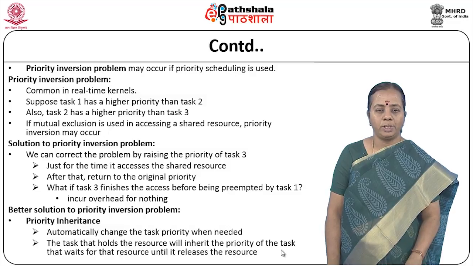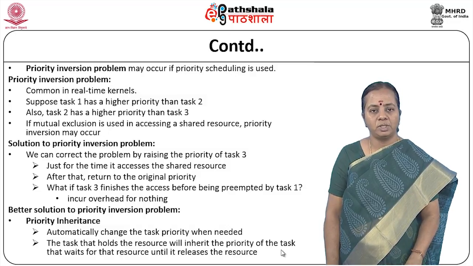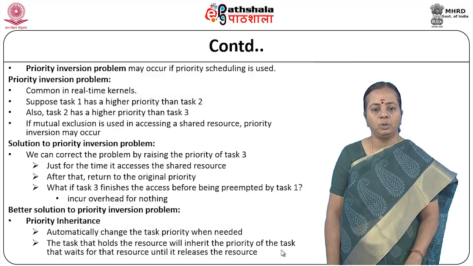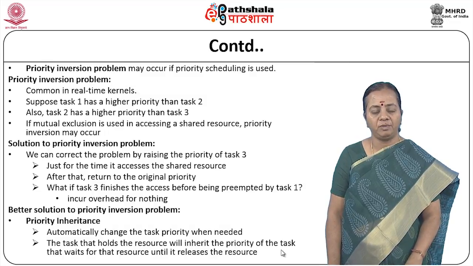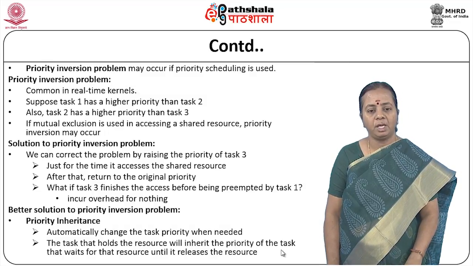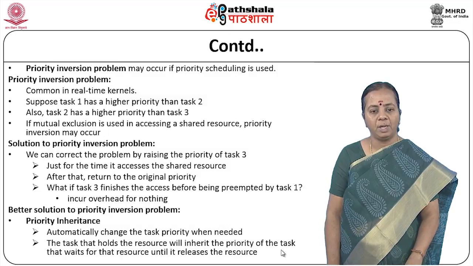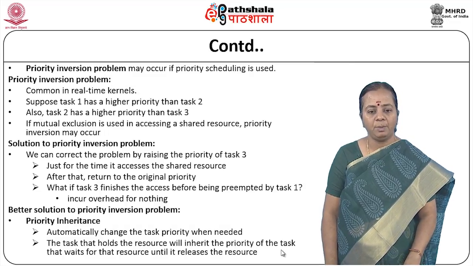So irrespective of which task is holding the resource, we increase the priority of that particular task for the time being, until it finishes its work with that resource. If we do it that way, then this problem can be avoided.